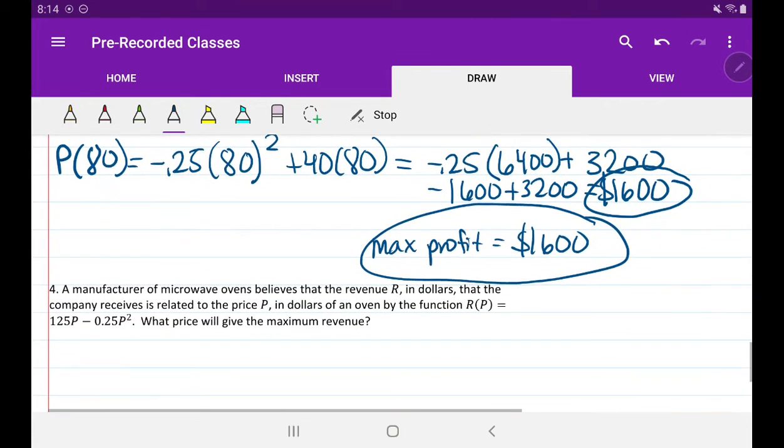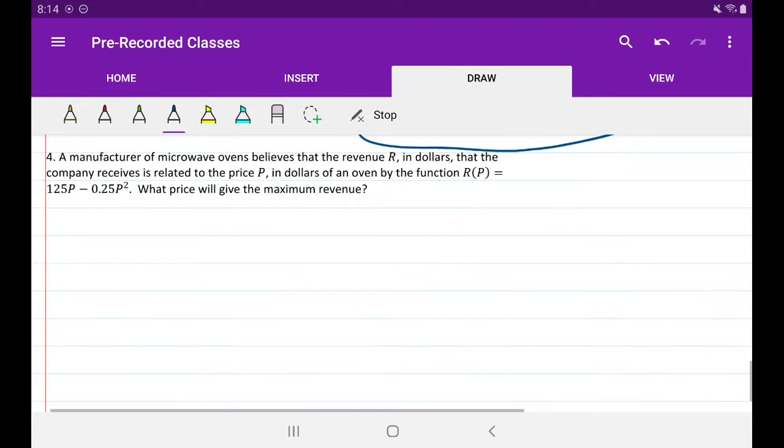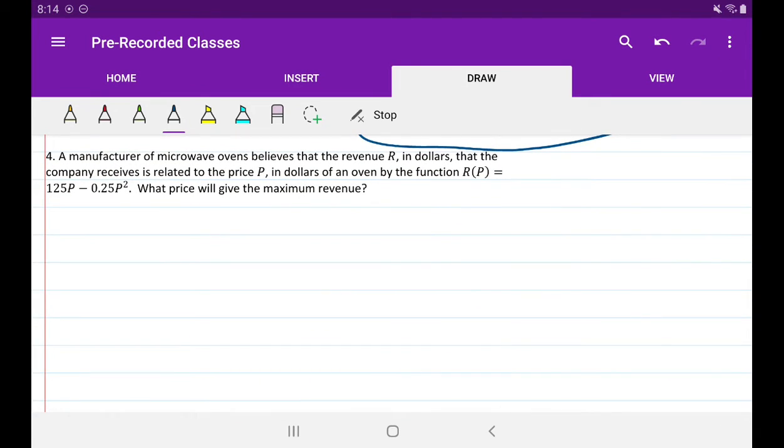So let's go on to number 4. So for number 4, it's a little different. A manufacturer of microwave ovens believes that the revenue in dollars that the company receives is related to the price p in dollars of an oven by the function 125p minus 0.25p squared. So what price gives the max revenue?